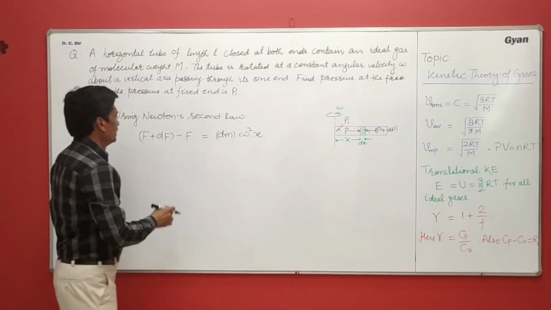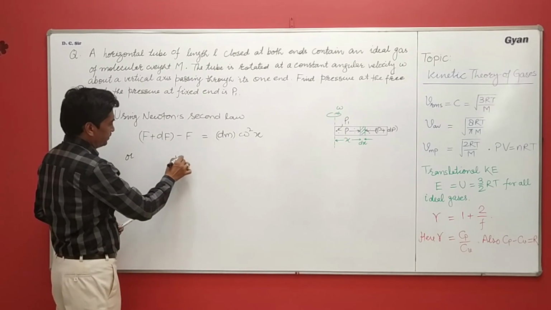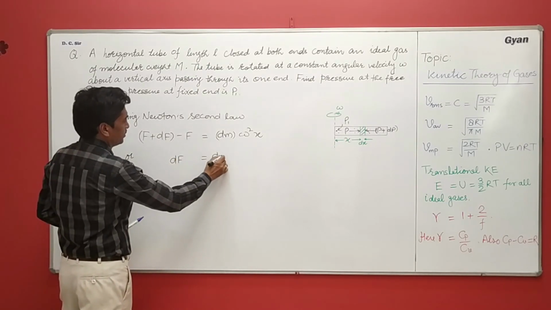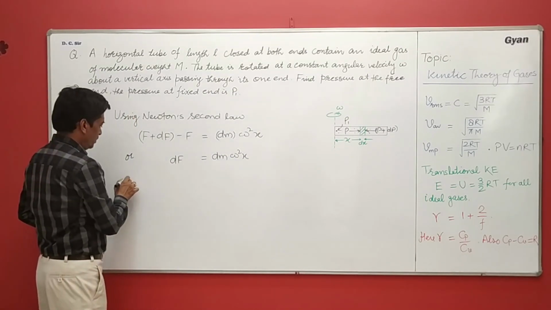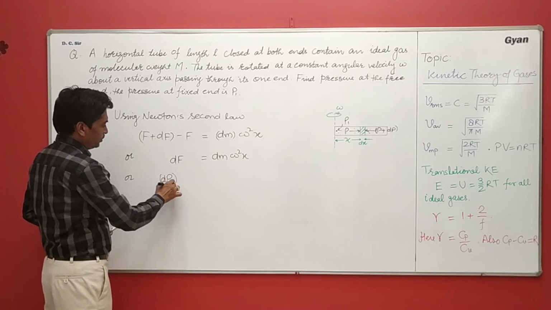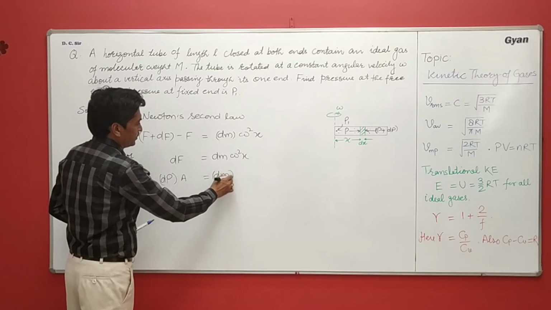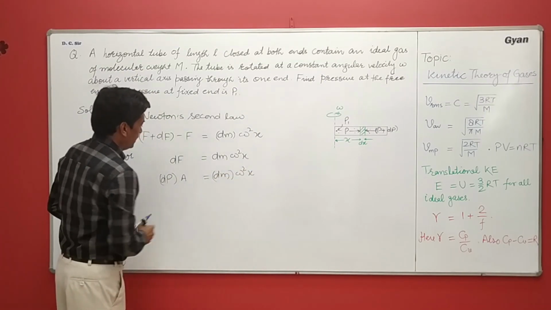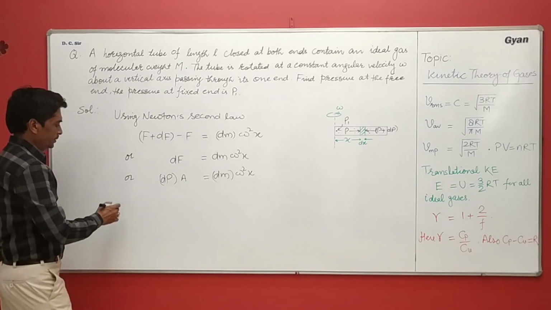Or here dF is equal to dm omega square x. So dF is equal to dP into A is equal to dm omega square x.